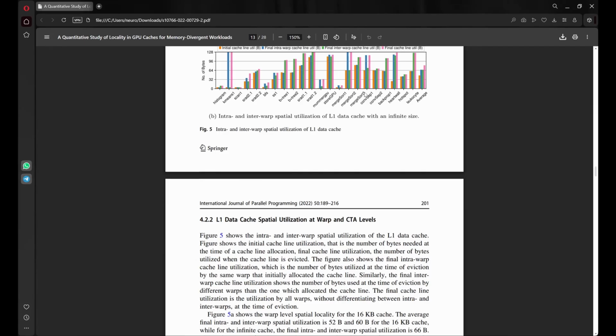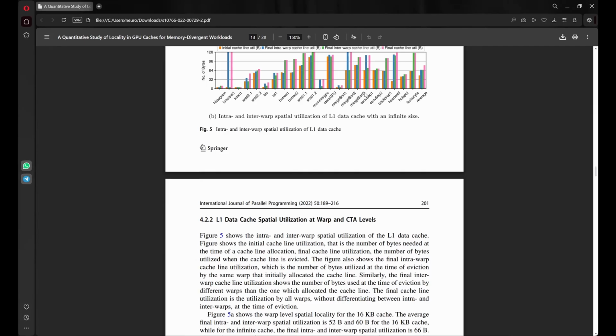The paper defines two levels of locality, warp and CTA. The one issue that I do have with this paper is that when they refer to inter-warp, it's pretty much just any thread that is outside of the thread that you're initially referring to. So for a thread that brings in a certain cache line, inter-warp is essentially a thread from any other warp within the same SM.